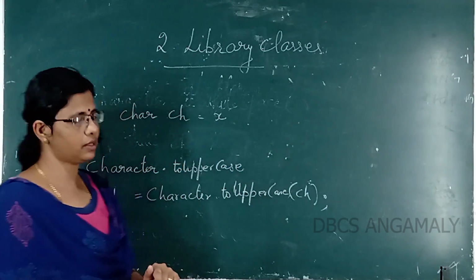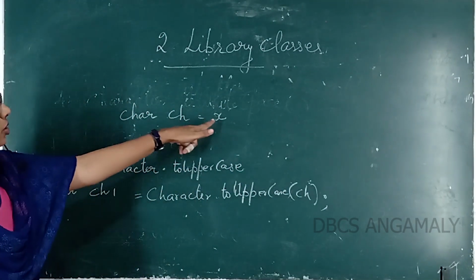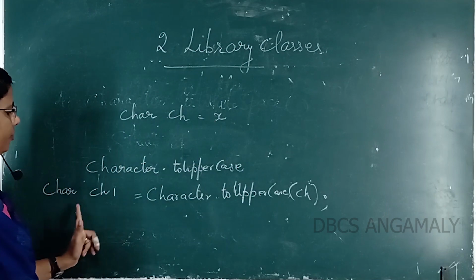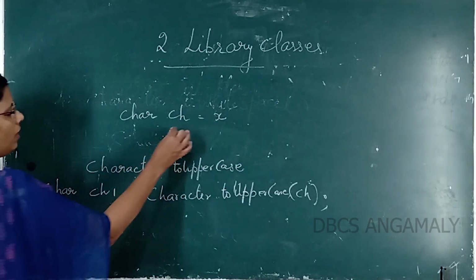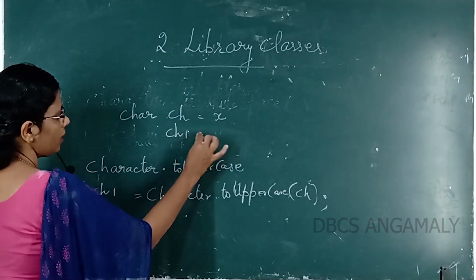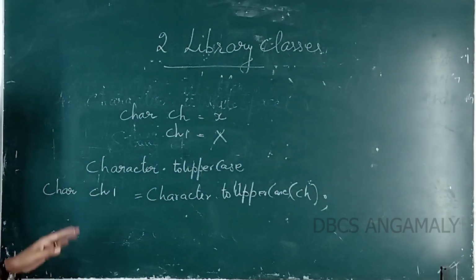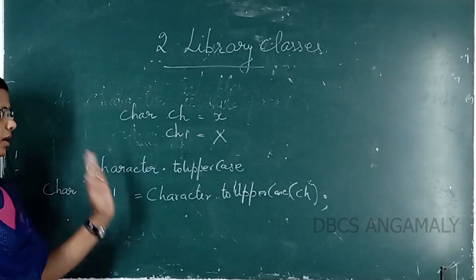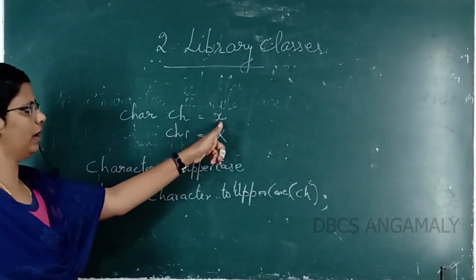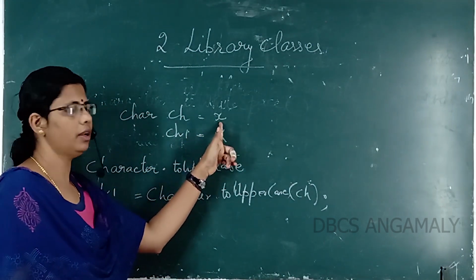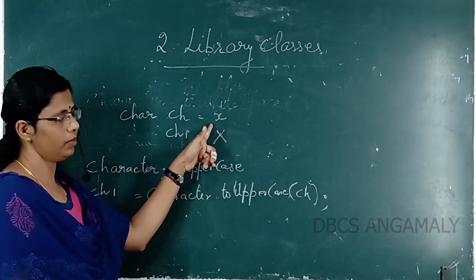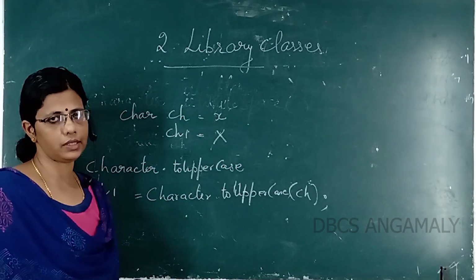Here what happens? Now you know ch has got small letter x. After this statement, I will have another variable ch1 where it stores capital letter X. So what the function does is converts whatever you have written in your ch or in a variable into uppercase.